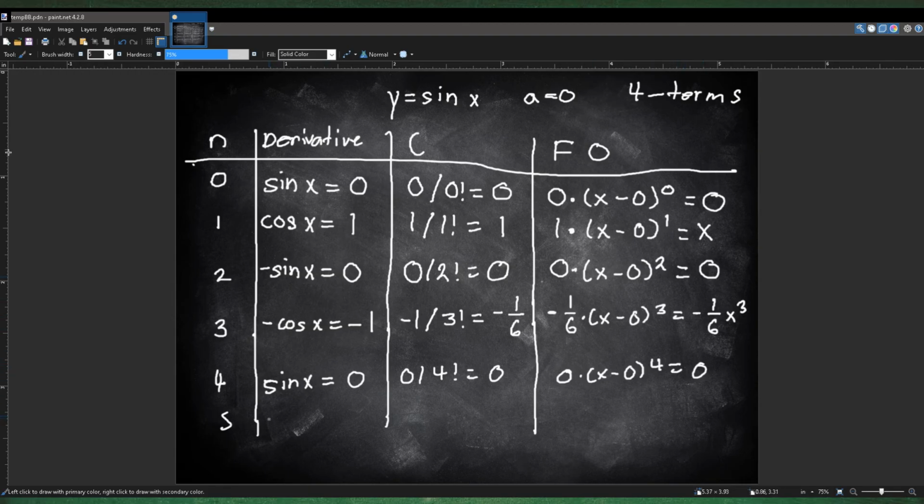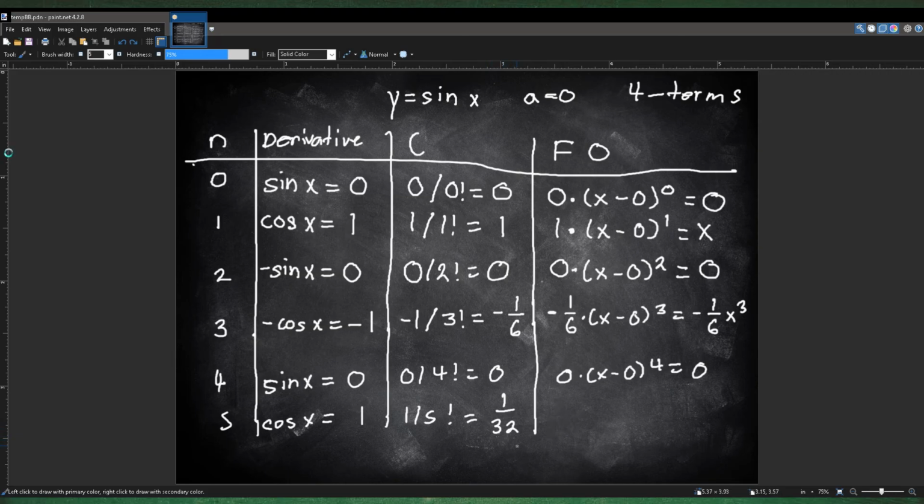Now the derivative of sine is cosine. Cosine of x, when you plug in 0, is 1. So 1 divided by 5 factorial is 1 over 120.